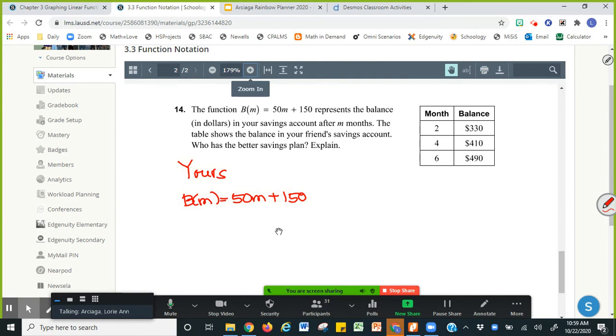In the museum one, you become a member for $50 and then you pay 15 per visit. So the number that doesn't have a letter, that's your initial value. So in this problem, can you tell me how much your initial amount was? Come on, type in the chat. How much was the original money?